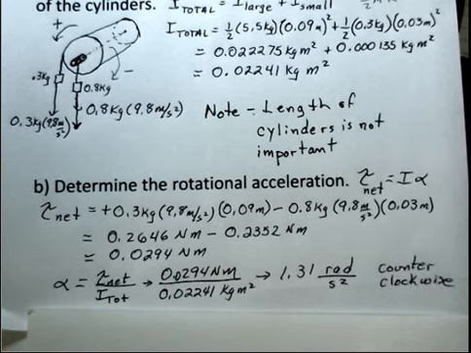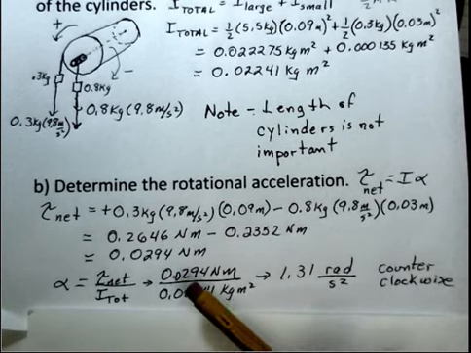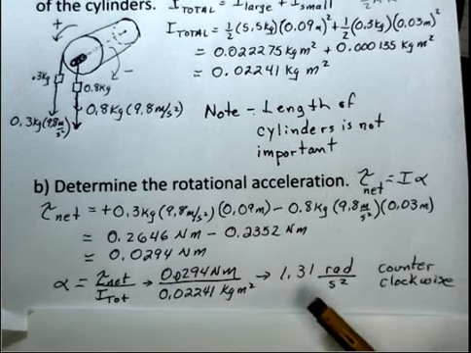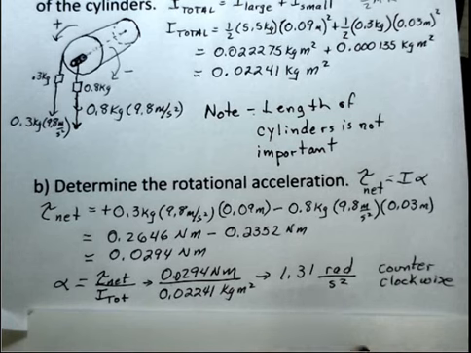Even though when I was copying here, I miscopied the net torque, I had previously done the division correctly, and the angular acceleration is 1.31 radians per second squared, and it is counterclockwise because the torque due to the 0.3 kilogram mass is dominating the net torque.